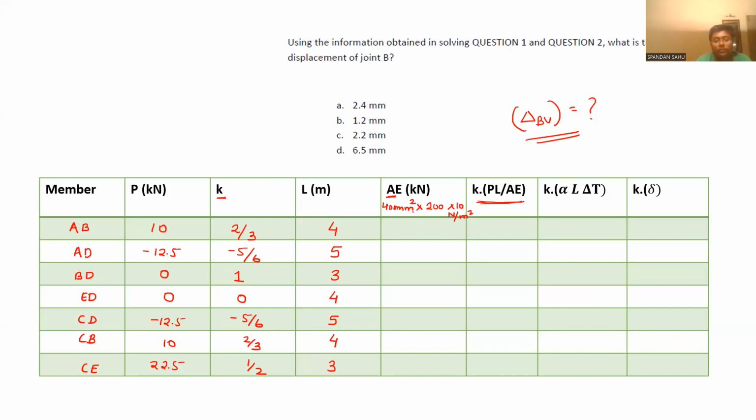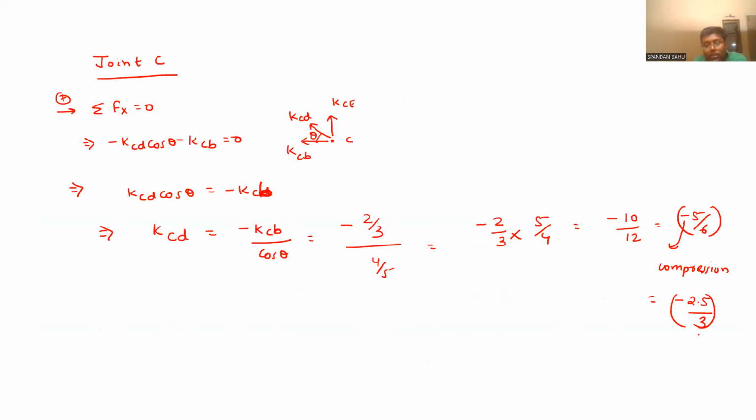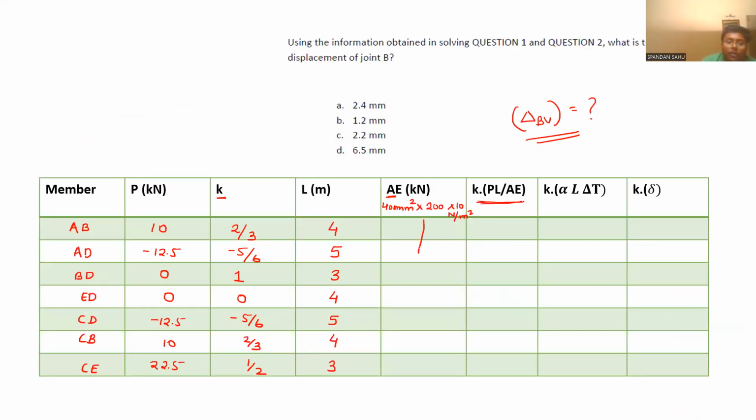So we got AE as 80,000 kilonewton for every member. There might be some problems where A and E will be varying. For that case, each member will have different axial rigidity, so we have to calculate it for each member where A and E both are varying or one of the components is varying.